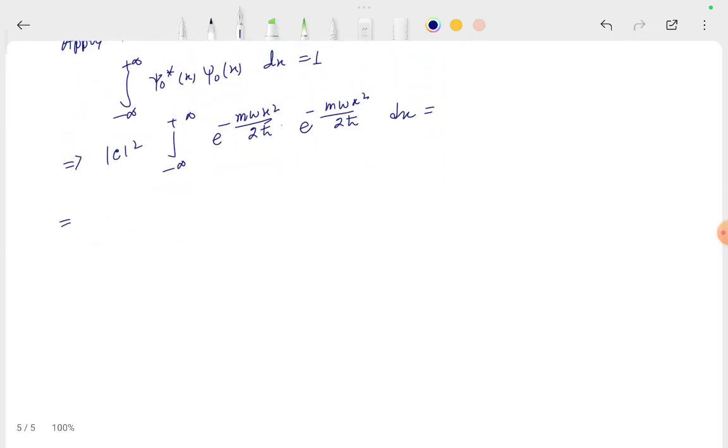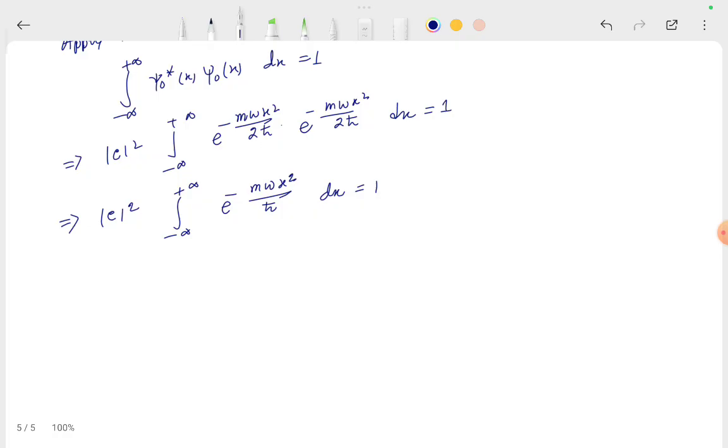Okay, this is equal to mod c square, integral from minus infinity to plus infinity, e to the power minus m omega x square upon h cut, dx equals 1.